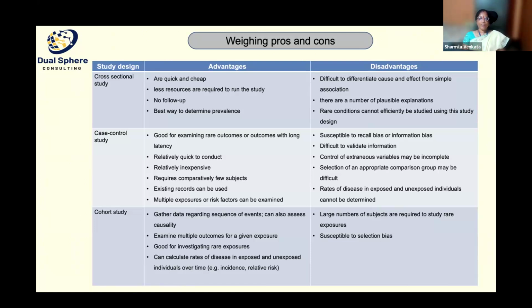If a condition affects only 1 in 10,000 people, a one-time survey will likely miss it. Think of cross-sectional studies as photographs, great for snapshots, but not for timelines.